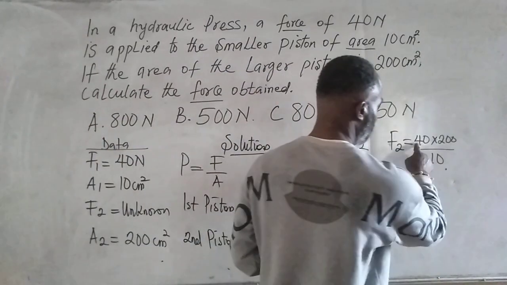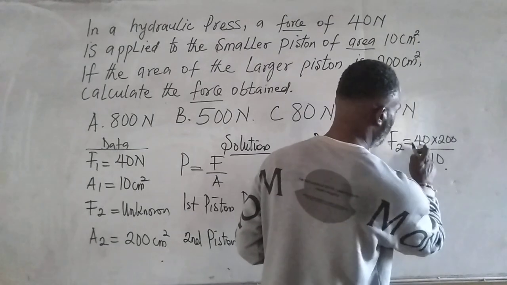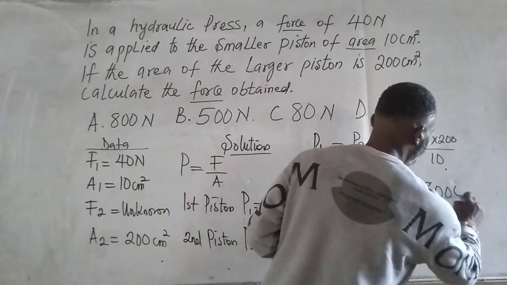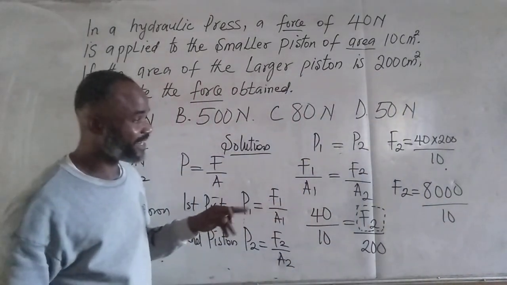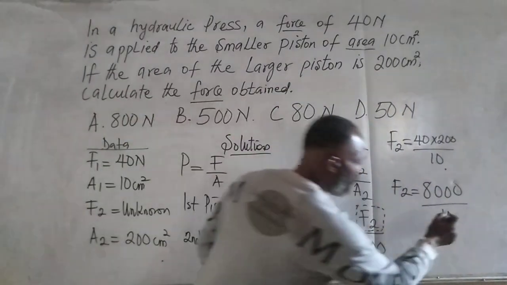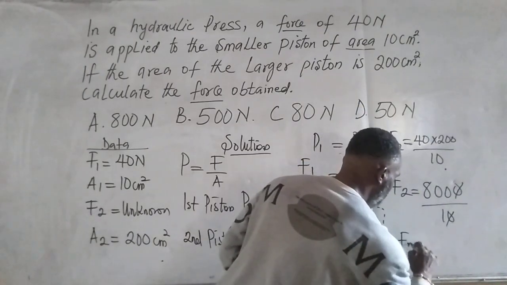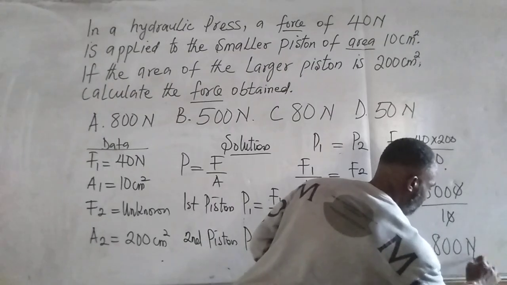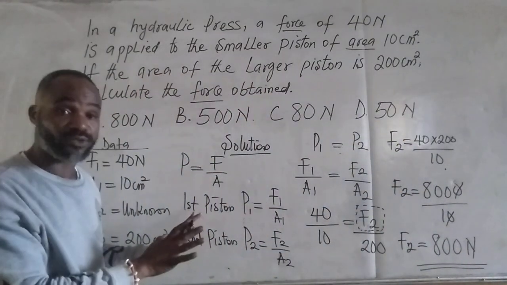Yes, 4 times 2 is 8. All over 10. Cross check. If we do away with this and that, we are left with F2 is equal to 800 Newton. That's the final answer according to our solution.